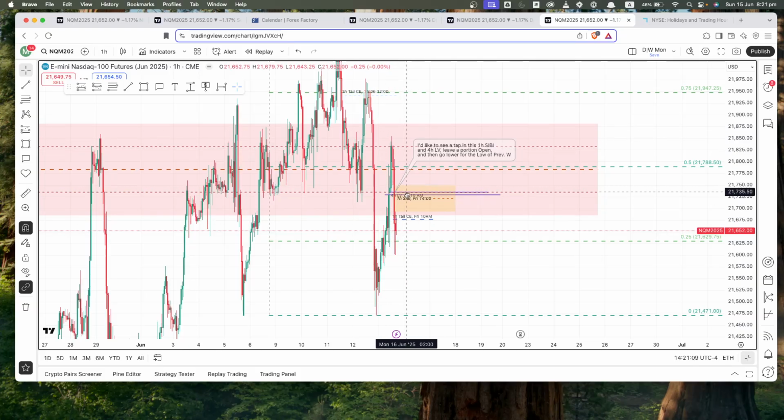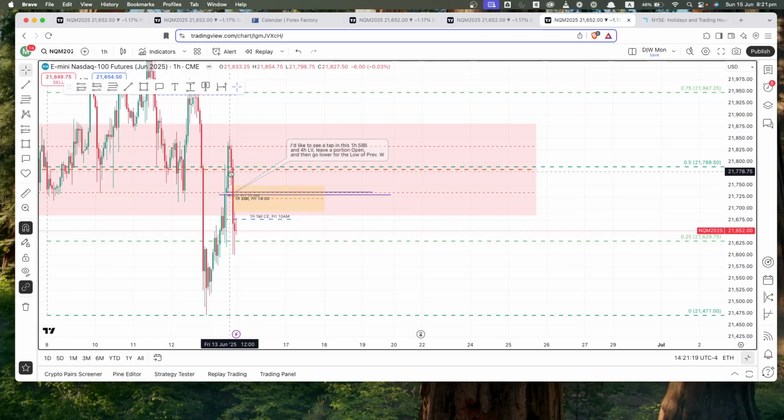Preferably price will stop. So the PD arrays will be this 1-hour CB, this 4-hour, and then maybe go here. We also have an inversion fair value gap, as you can see here.